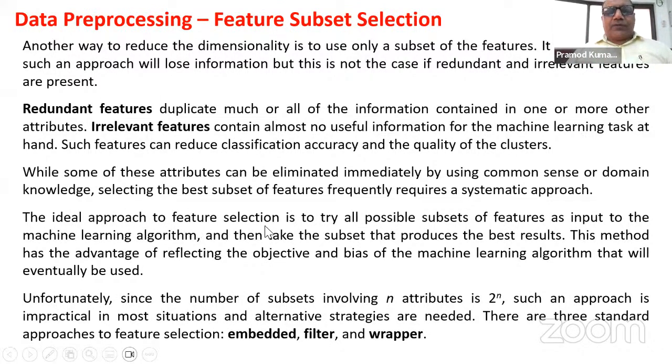The ideal approach of feature selection is to try all possible subsets of the features as input to the machine learning algorithm and then take the subset that produces the best results. This method has the advantage of reflecting the objective and bias of the machine learning algorithm that will eventually be used.